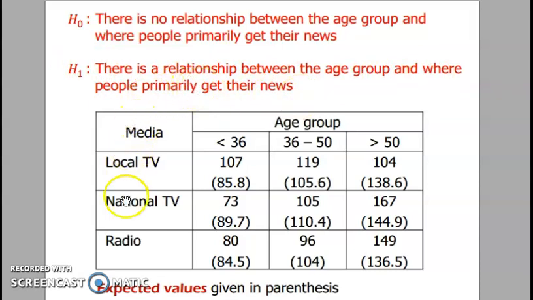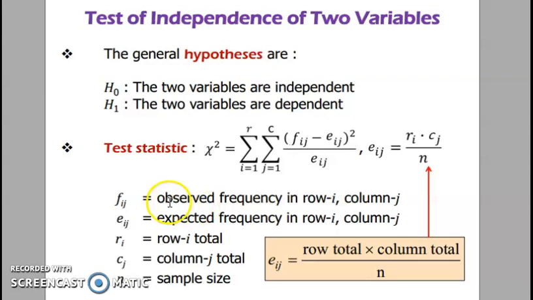So we have media, three categories, and age group, three categories, and these are the values that we had before, and then we have in the parentheses the expected values. The value that we had is called the observed frequency, and then we need to calculate the value in the parentheses, which is the expected frequency.